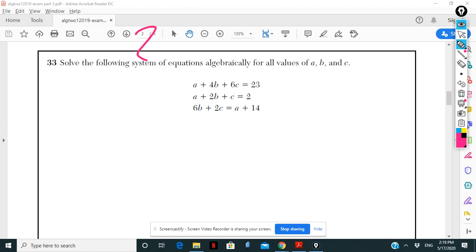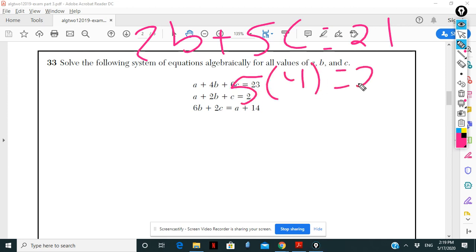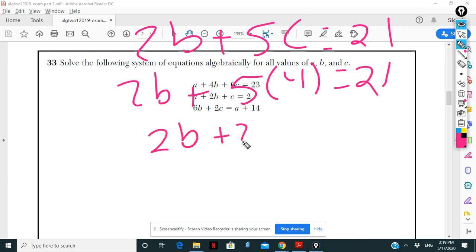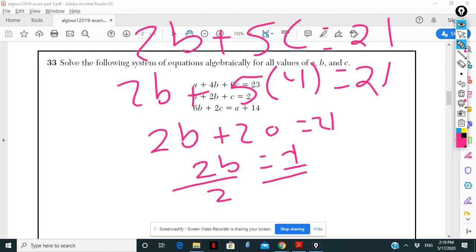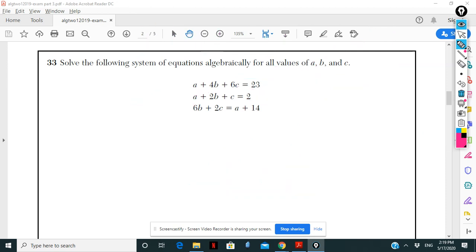Now I'm plugging into 2B plus 5C equal to 21. C was 4. So 2B plus 20 equal to 21. So 2B equal to 1, divided by 2. So B is half. Now I'm plugging into the first one.